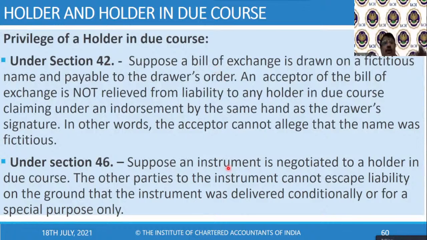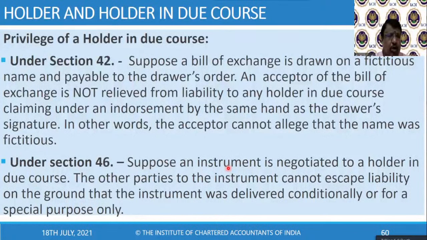Now, for example, many times, when you borrow money, you will give a promissory note as a security. Now, that promissory note can be negotiated. Suppose it is negotiated, tomorrow the promisor, the guy who's making it, cannot say, you know what, I never gave this instrument as an obligation to pay. It was only a security for a loan and I have repaid that loan. Whatever nonsense. Sorry. It might have been delivered conditionally to the payee.